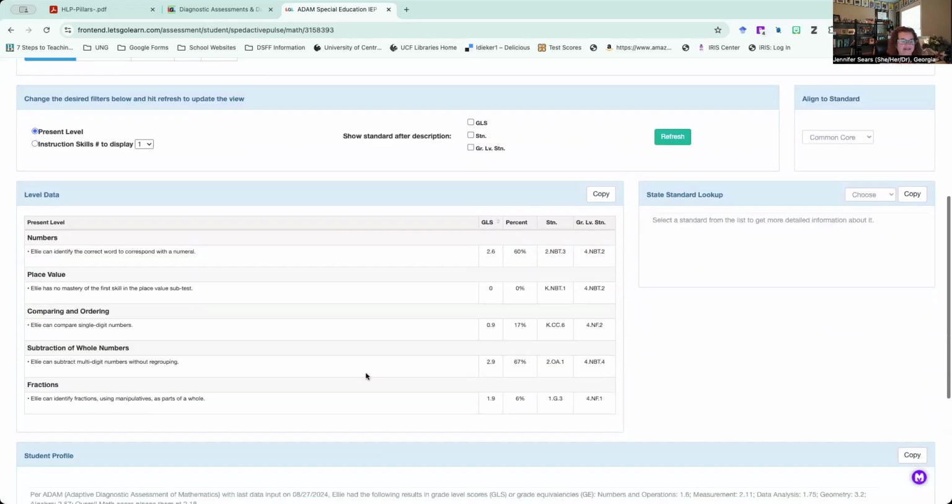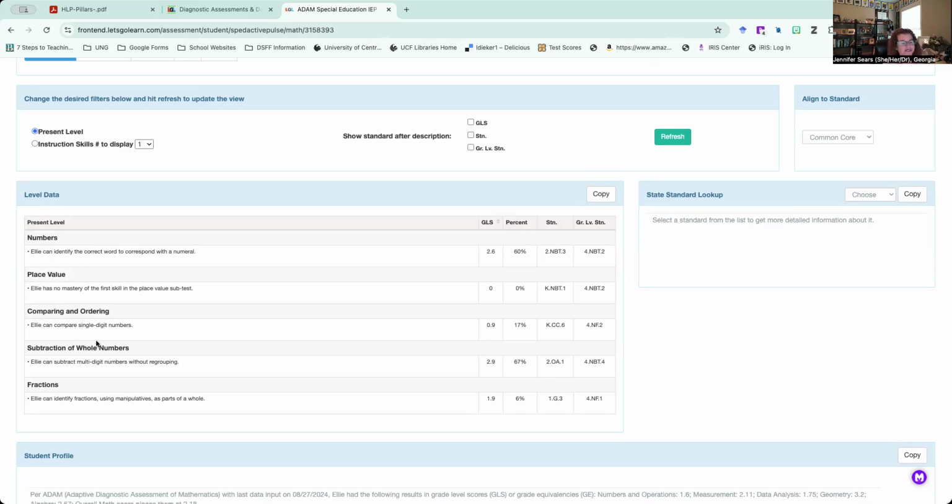And when I look at Ellie, I can see that here's some concerns that we have for Ellie, that she can identify the correct word to correspond with a number. Great. We know that if she sees the number 1, she knows that that's a 1. Good, awesome. But for place value, she has no mastery of the first skill in the place value subtest.